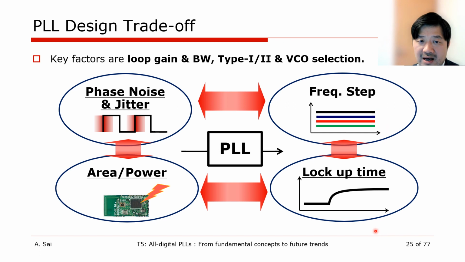These clearly have design trade-off, and the design key factors in the phase domain are feed-forward gain and loop gain or loop bandwidth, and the type 1 or type 2 loop types. I think it is very similar to the feedback amplifier design.